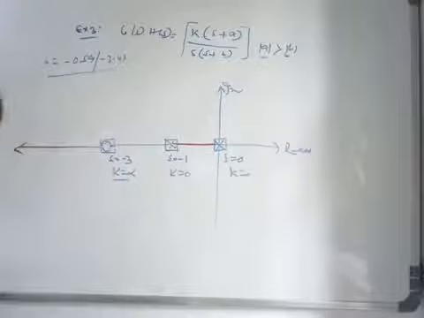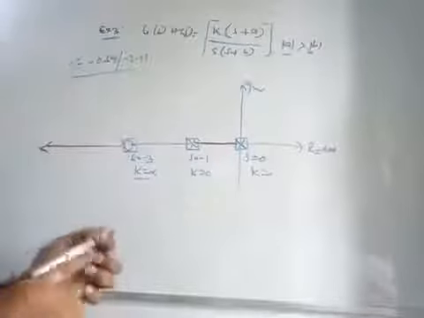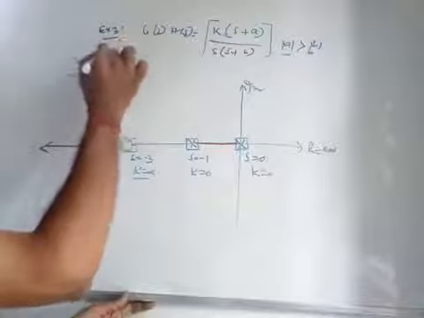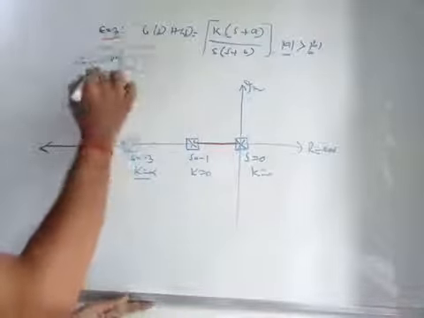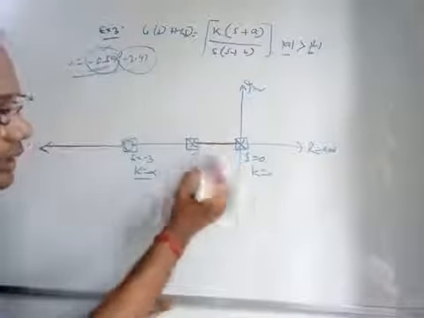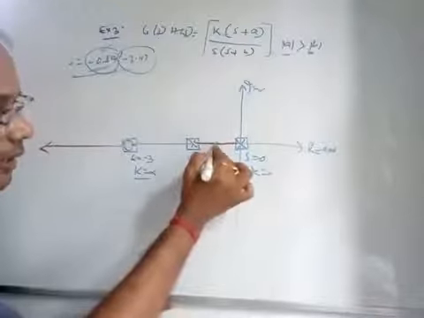So once the branches have been identified, you see the breakaway point minus 0.59. Either this will be valid or this will be valid. Here we are having minus 0.59, which is lying somewhere between 0 and minus 1. Say this is the point.